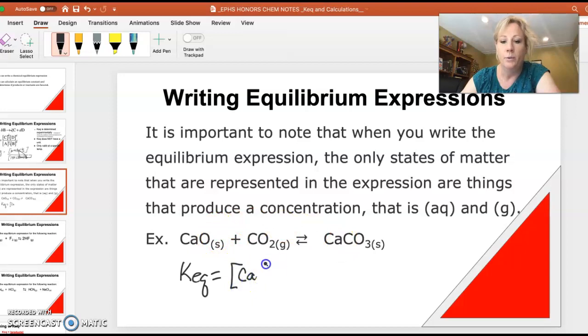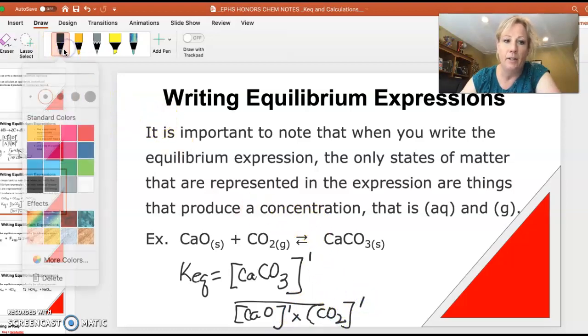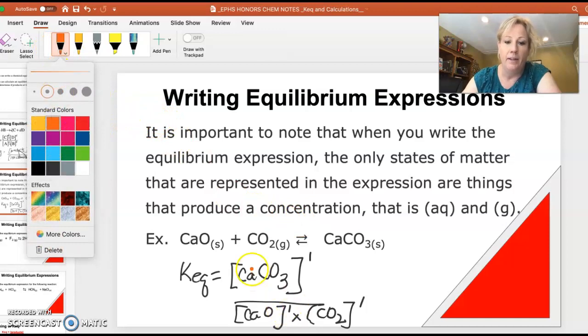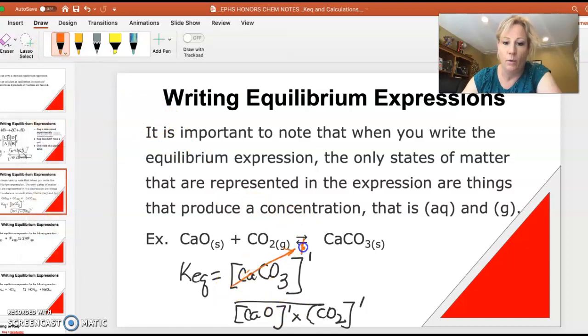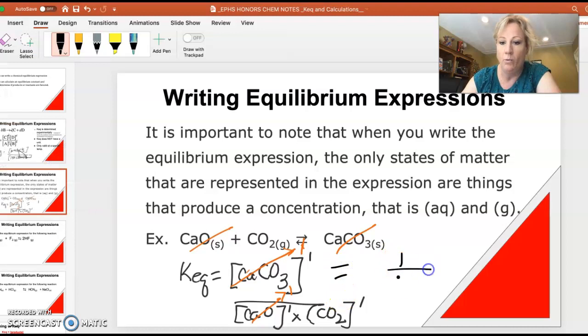If I were to do it, I would have this to the first, and then my reactants, calcium oxide to the first, times the CO2 to the first. But in reality, what happens is this goes to 1, or you could just cancel those from the beginning. So really the KQ expression for this problem is just 1 over the molarity of the carbon dioxide.